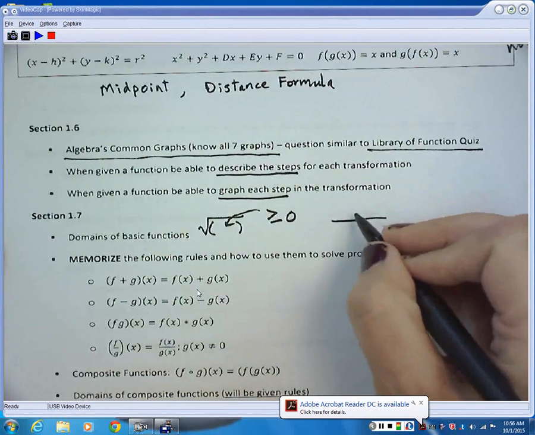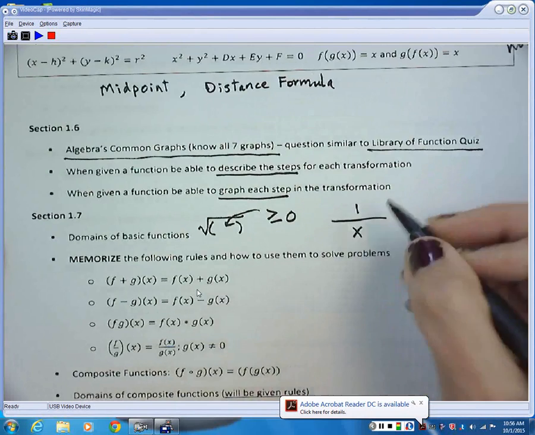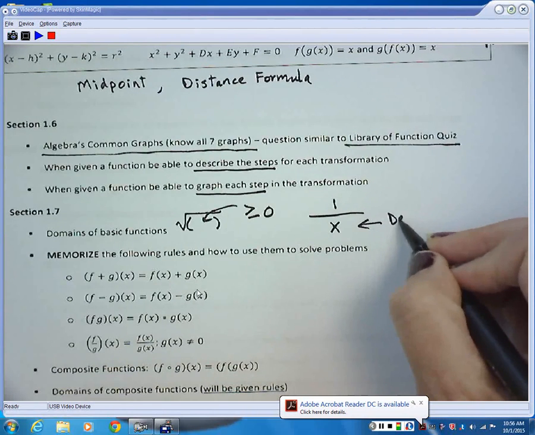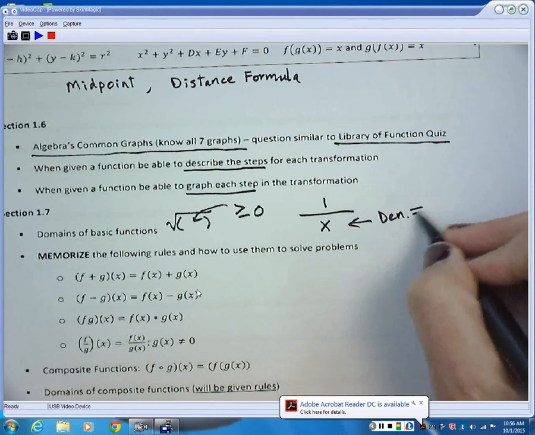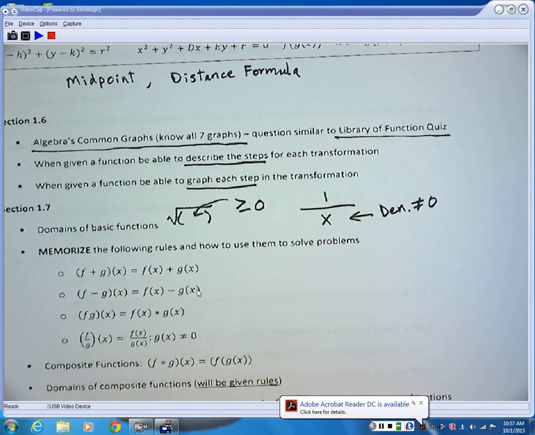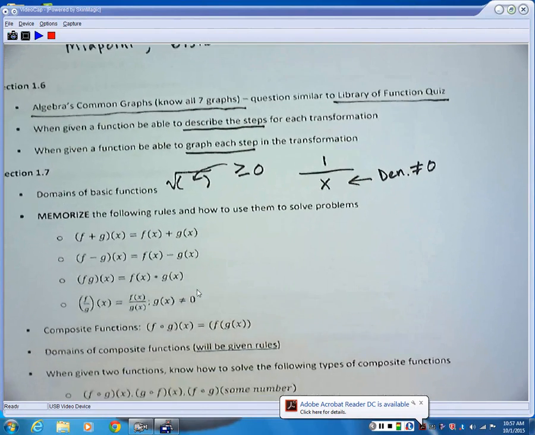And then if you have, say, 1 over x, you have to make sure the denominator can't be 0. That's it. And any other functions, we don't have restrictions. The 3x plus 21 had no restrictions. So that's when we get restrictions.